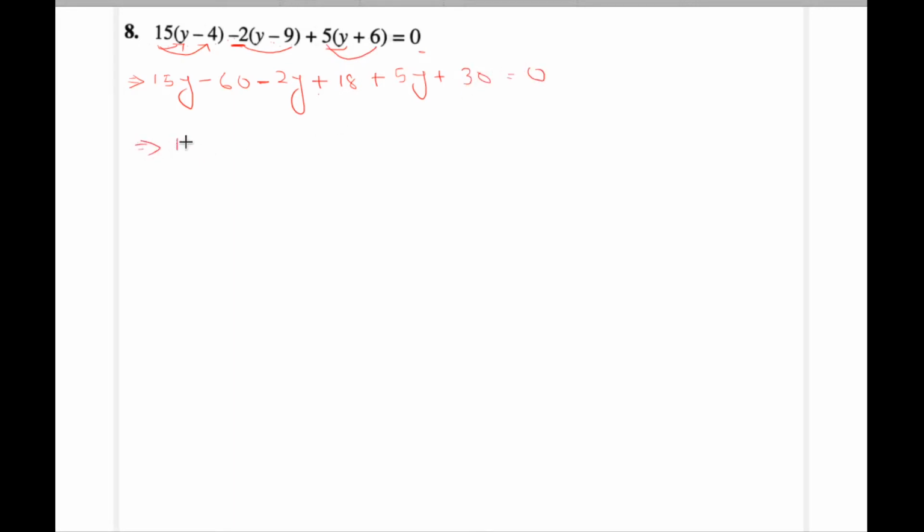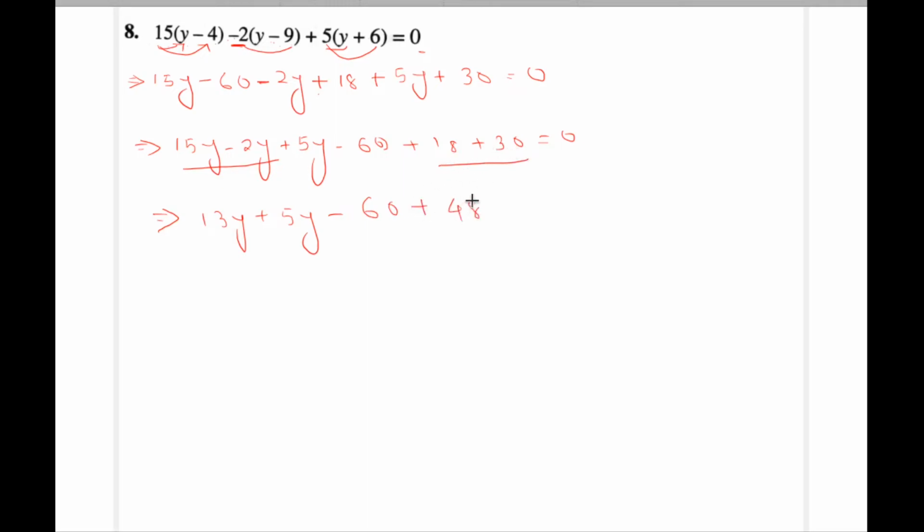Now just write all the variables together. 15y minus 2y plus 5y minus 60 plus 18 plus 30 equals to 0. Okay. So this is 13y plus 5y minus 60. So plus 18 plus 30 will become 48 equals to 0.